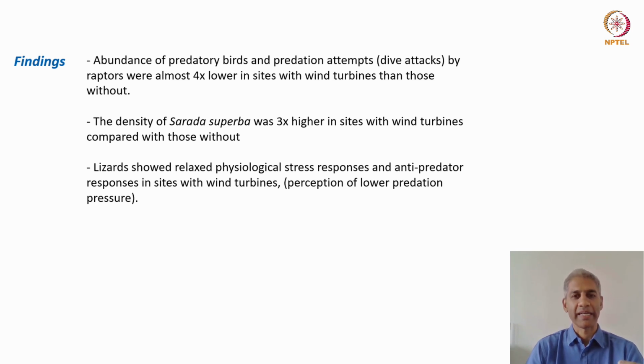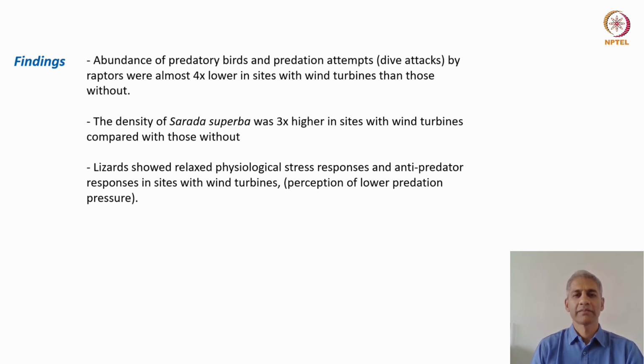And the other was by human test, where they would try and approach the lizard and figure out the distance at which the lizard would have a fleeing response. So in sites which had wind turbines, in some sense the lizards were braver and they would allow the observer to approach closer because they were less stressed.